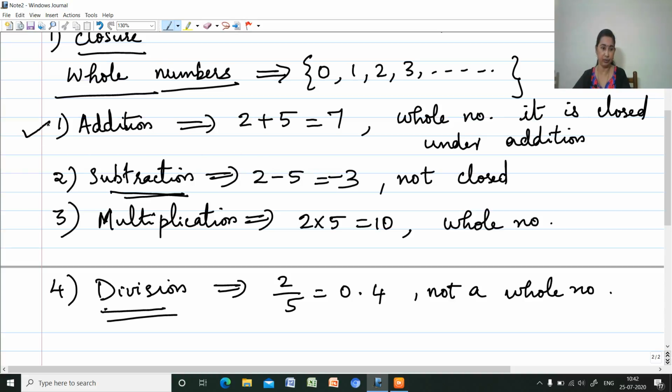That is, if you are adding two whole numbers, we are getting again a whole number. And in the case of multiplication also, if we are multiplying two whole numbers, I am getting again a whole number. So there also closure property is satisfied.